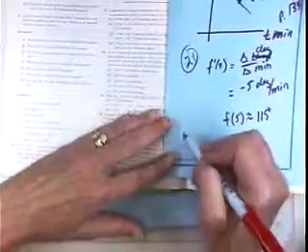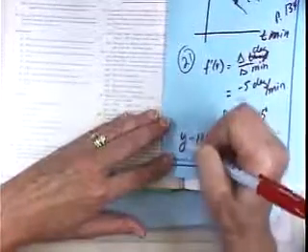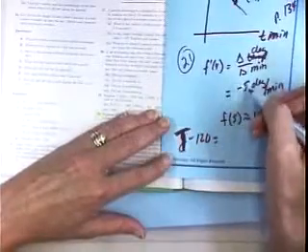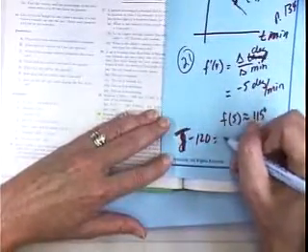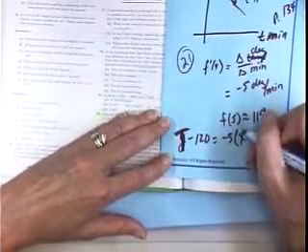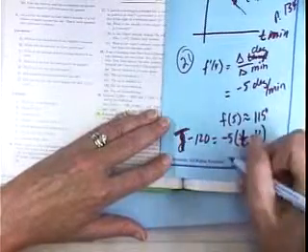You could say y minus the y coordinate, which we called temperature, so big T, equals the slope, -5, times x minus the x coordinate, and that's time, so I'll use little t for time, minus 4.